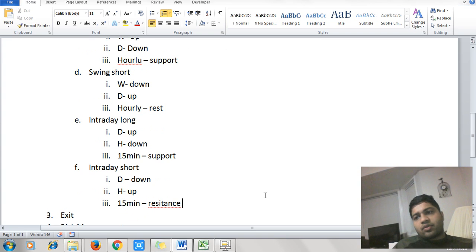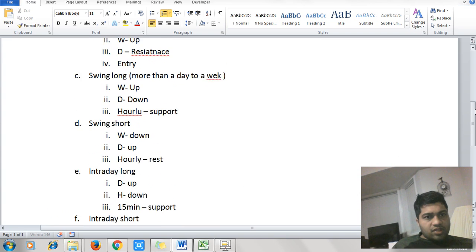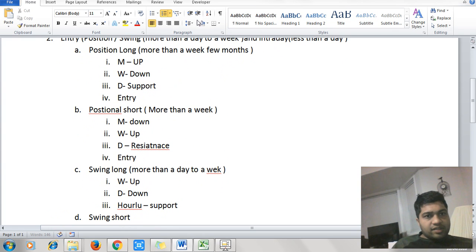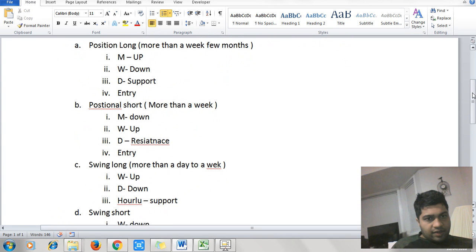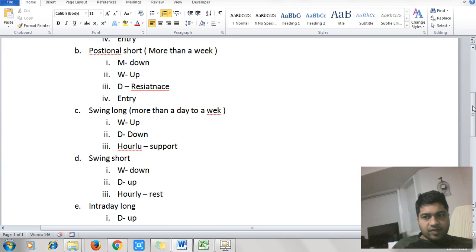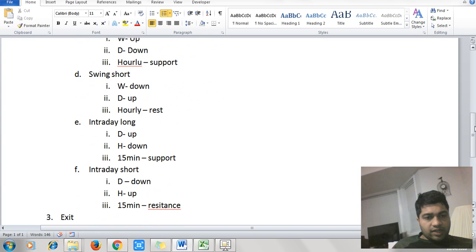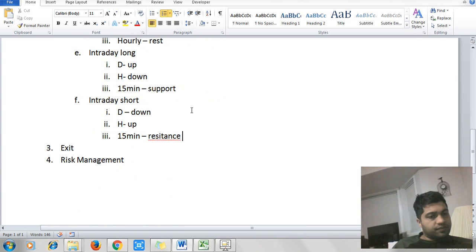What I would encourage is to pause the video and write these things down: positional long, duration as well as criteria, positional short, duration as well as criteria, swing short, intraday long, intraday short.